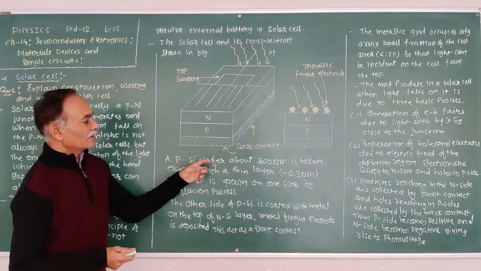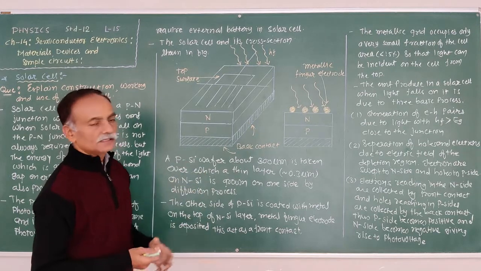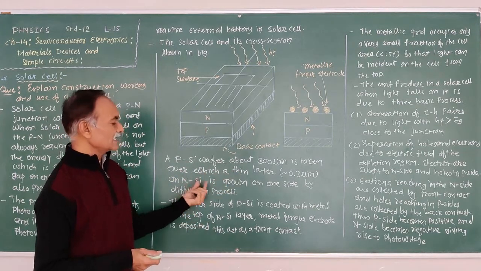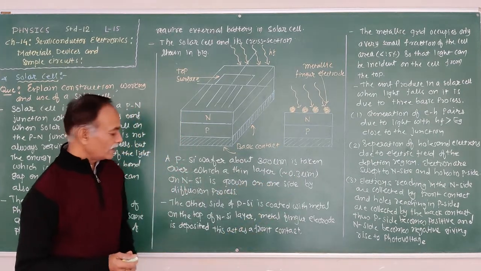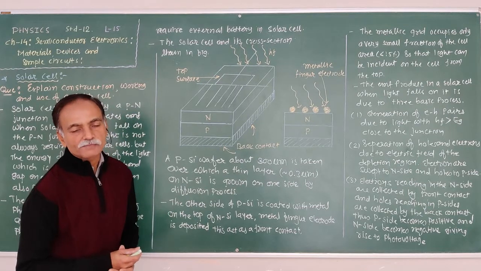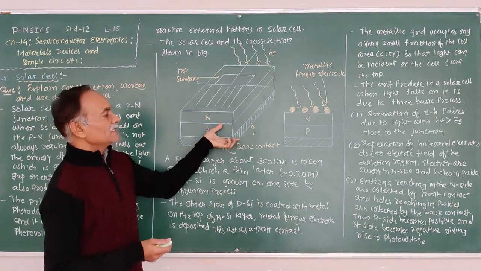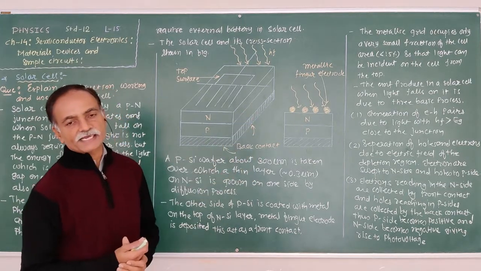A P silicon wafer of about 300 micrometer is taken, over which a thin layer of N silicon, approximately 0.3 micrometer, is grown on one side by the diffusion process. The layer of the P silicon semiconductor has a thickness of 300 micrometer.